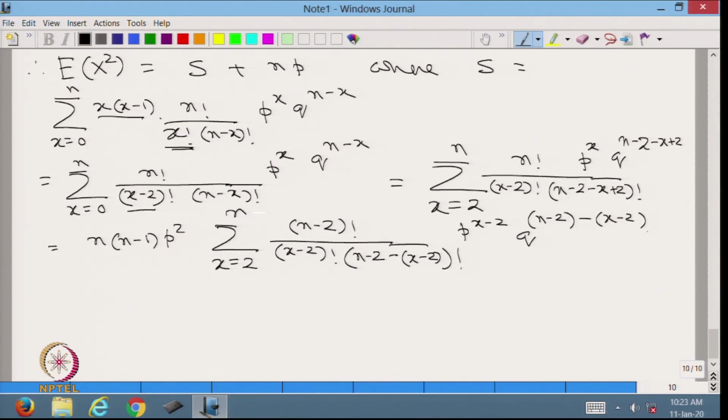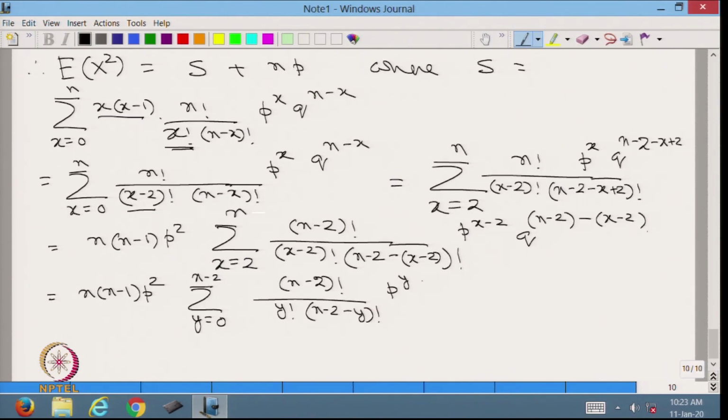A small change of variable will make it sigma y equals 0 to n minus 2 of (n minus 2) factorial over y factorial (n minus 2 minus y) factorial, p to the power y q to the power n minus 2 minus y.